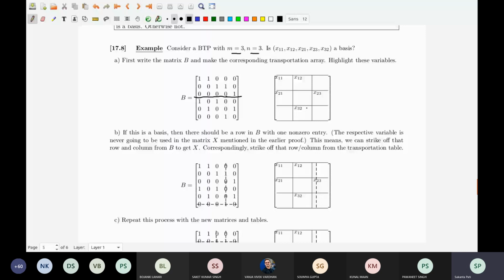There is a row in B which contains only 1, 1. B does not have 1 and minus 1, it was D which had 1 and minus 1. B only has 2 ones. Okay. So there is a row in B that has exactly 1, 1.